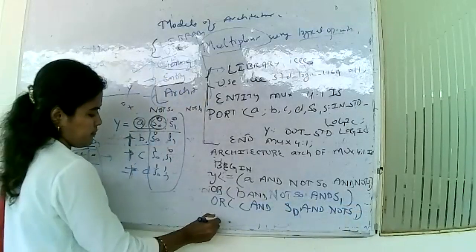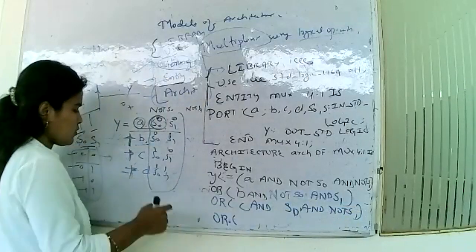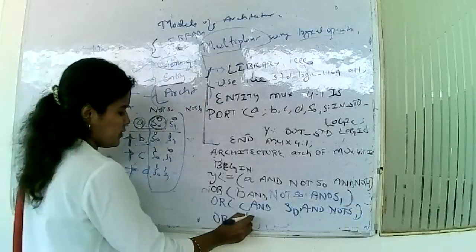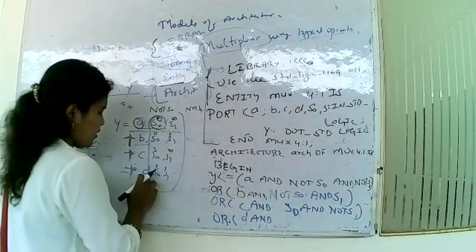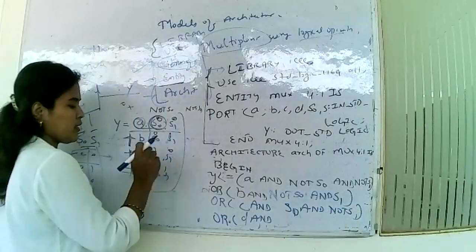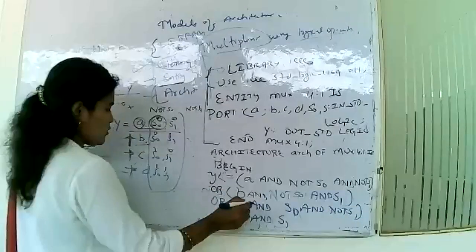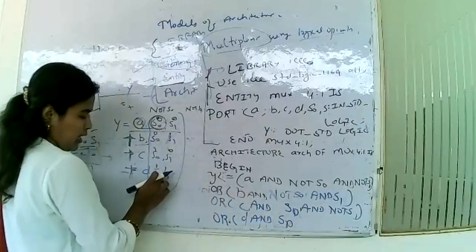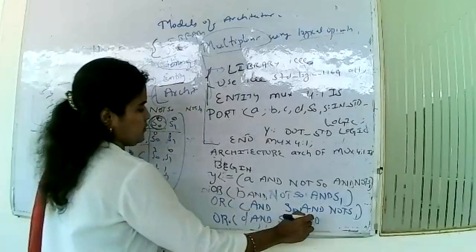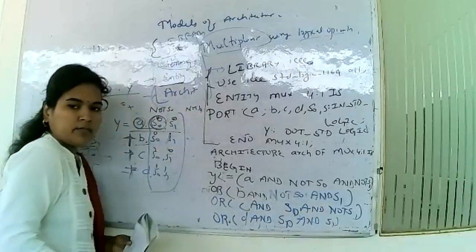Again or. So D as it is. Again and, there is no not here because it is 1 and 1, so directly S1. I think you understand this.